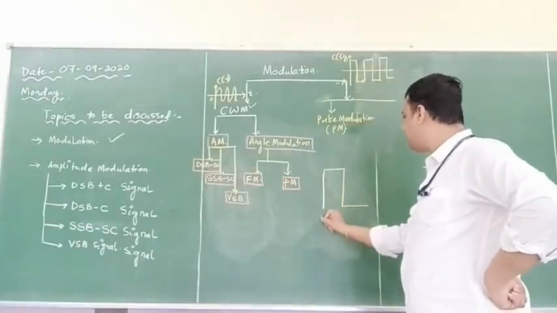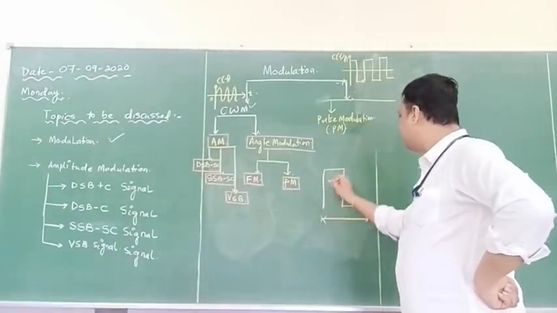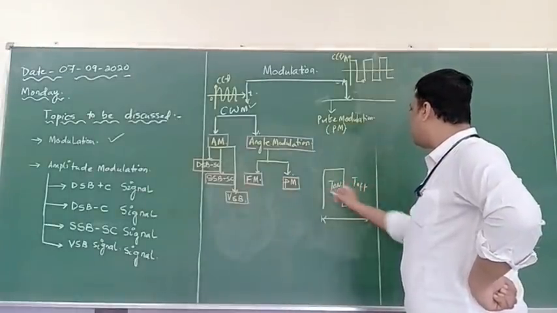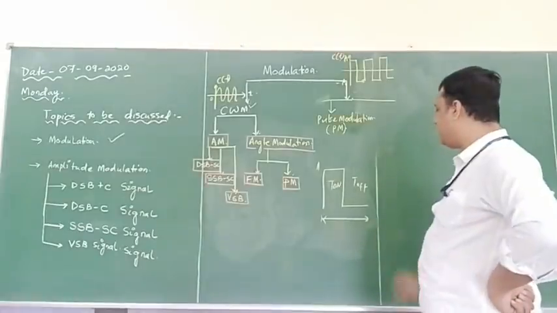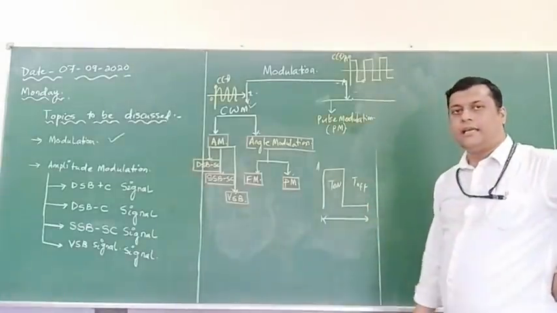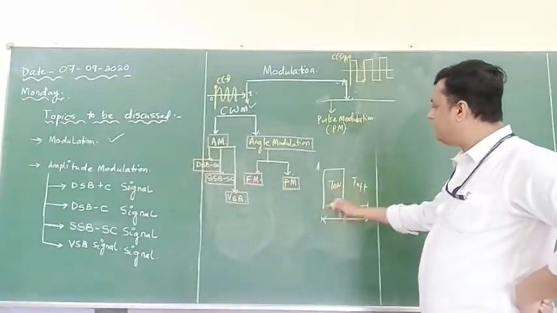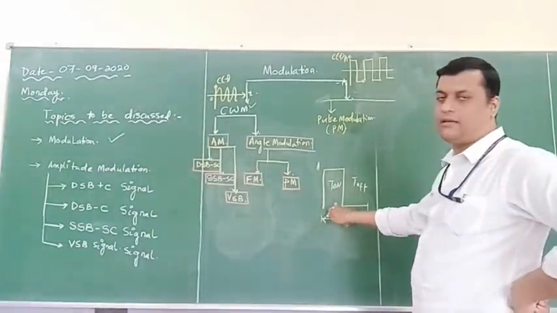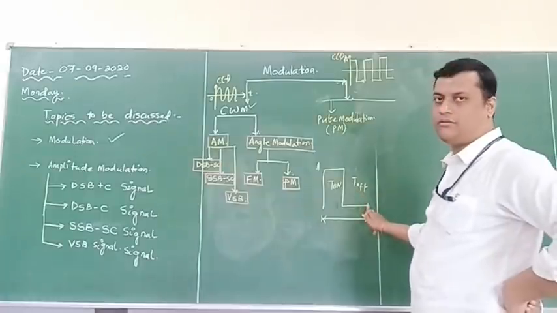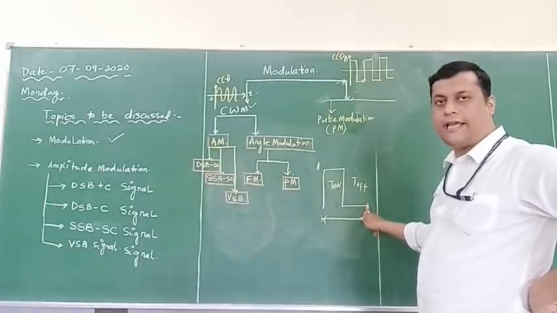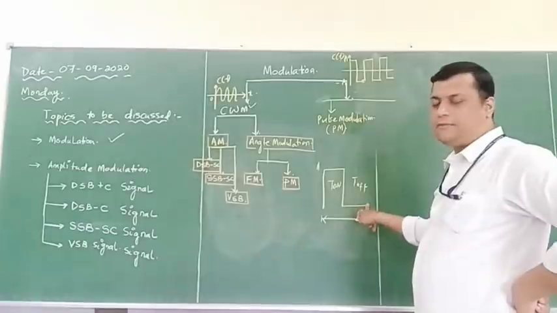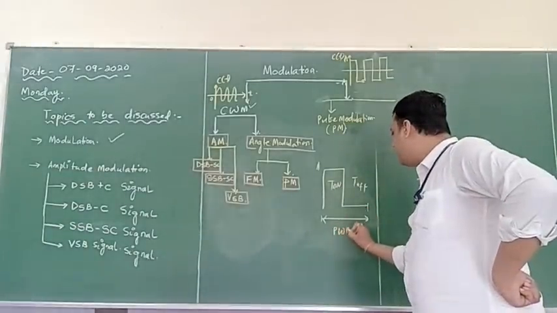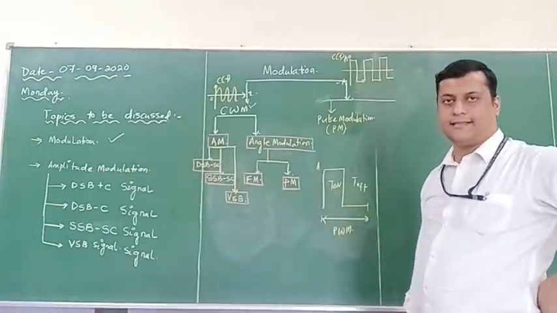This is one complete time period, T on and T off, and this is the amplitude. If we change the width of this pulse, either with respect to on or off, the result is called pulse width modulation.